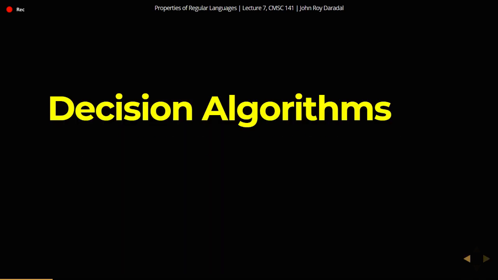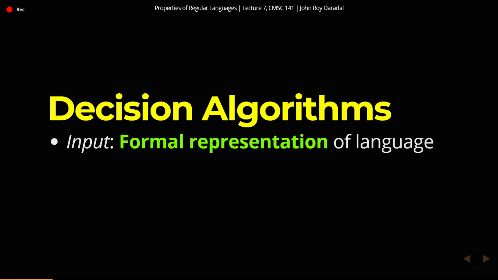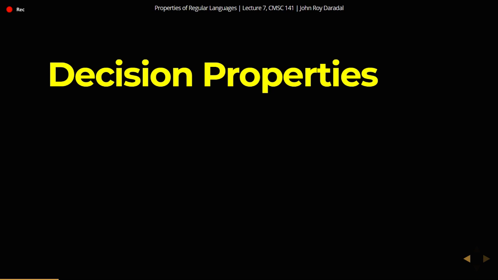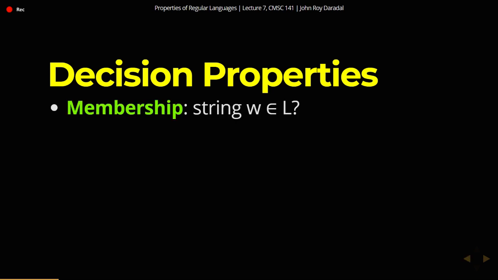So what are decision algorithms? They take in as an input a formal representation of the language, so either finite automata or regular expression, and the output of the decision algorithm is yes or no, which answers the question: does a certain property hold true? Okay. So what are these properties? So first, we have the membership property. So it answers the question: is the string W part of the language?